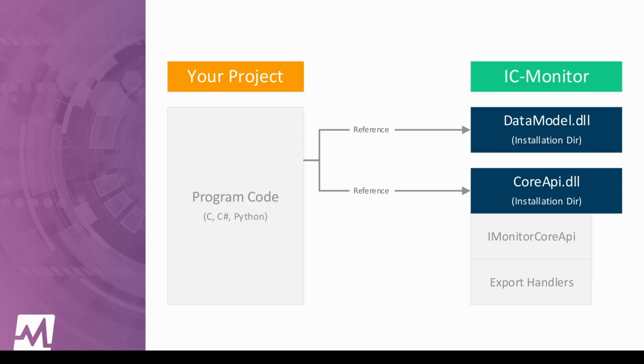a separate API tutorial. We will now use the iMonitor Core API interface to perform a basic setup and start operation. For more information about the Core API, the API documentation, available via the IC Monitor's website, is a good start.